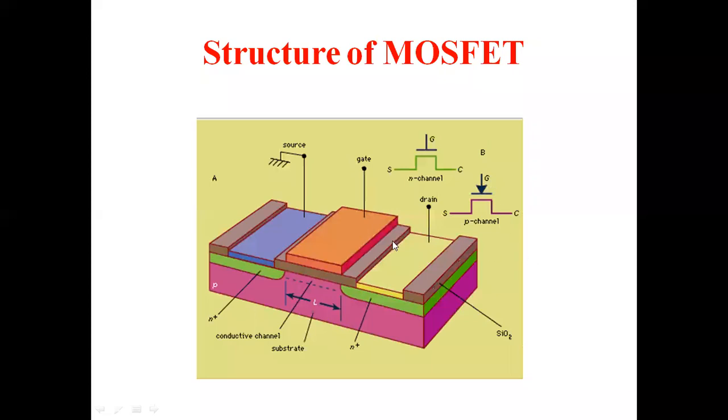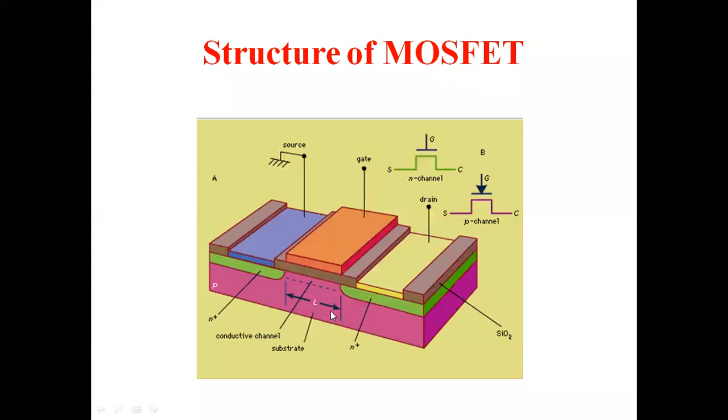This is the structure of MOSFET. You will get the conductive channel, sandwiched between two highly doped regions. Suppose this is the NMOS, so the substrate is the P substrate.